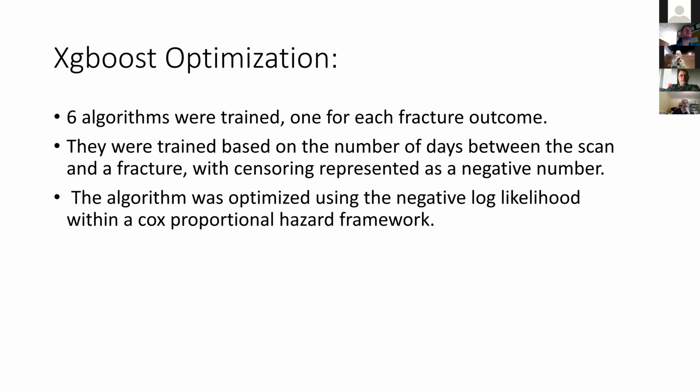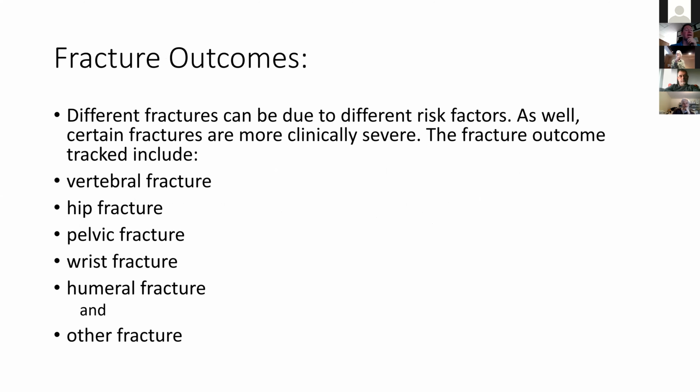So I thought that this might be confusing to the algorithm in that there could be quite a bit more signal for somebody who has a hip fracture than for somebody who has a wrist fracture or a rib fracture, for example. And so I thought it was important to train the algorithm based off of apples to apples comparisons, AKA the date of vertebral fracture or the date of hip fracture, rather than calling those different types of fractures the same, which clearly they're not.